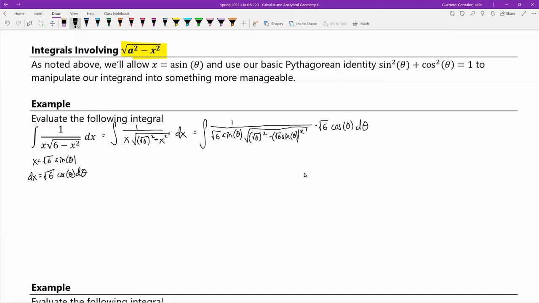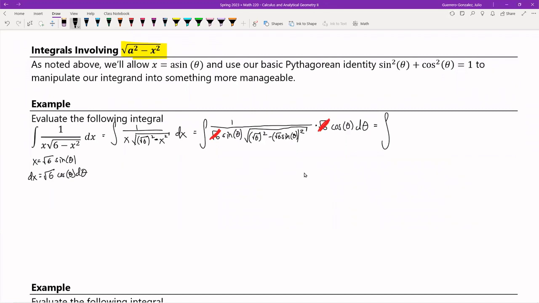Okay, there is a little bit of cleanup that we can do. There's a square root of 6 and a square root of 6, so those clean up, right? And I'm going to go ahead and expand this or make it what it's supposed to be. So this is going to be equal to the integral.